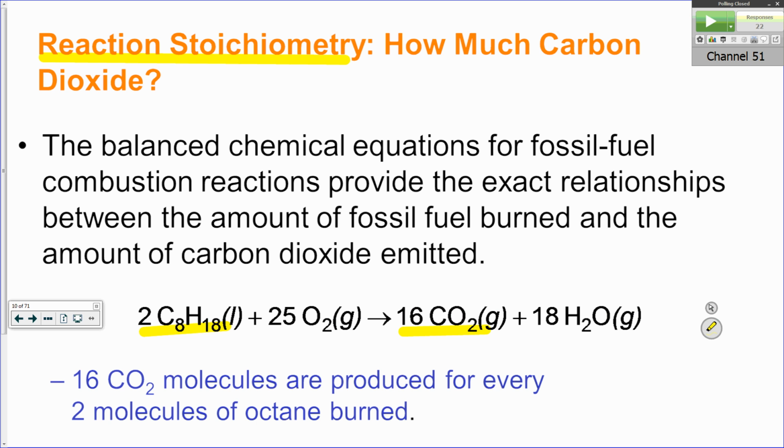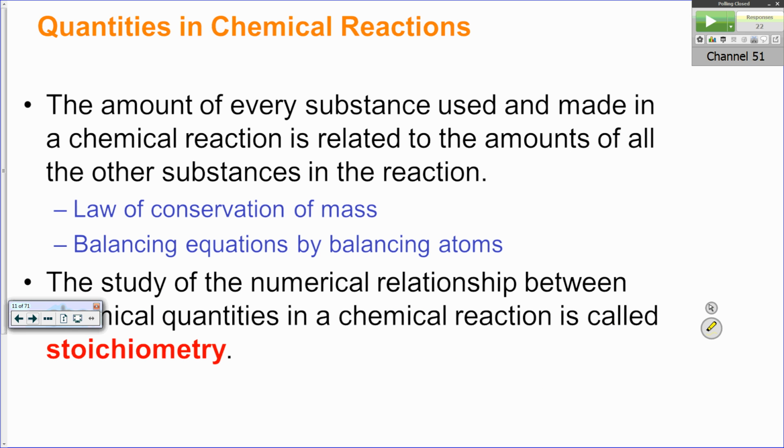And I can see that the 16 in front of CO2 in the balanced reaction tells me there are 16 CO2 molecules produced for every 2 molecules of octane that are consumed or burnt. Okay, so that gives me a relationship that I can use.